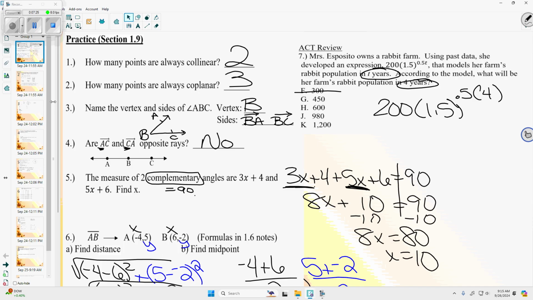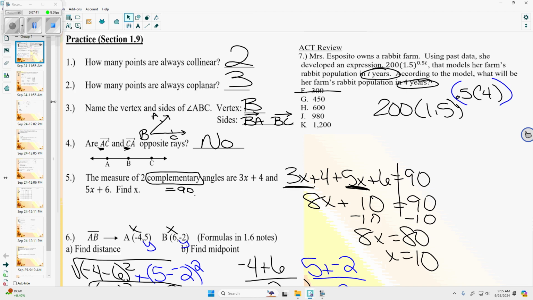But here's the deal. Depending on your calculator, that exponent could need parentheses. Majority of what I'm seeing out there right now are scientific calculators. You need parentheses around it. You need this to be grouped together.